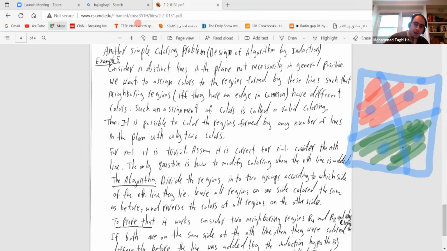This is the way. If you don't think this way, the problem might be very complicated. You will try to color these regions and it can be quite complicated. But if you see the right way, it is a very cute way of looking differently at the problem such that you can solve it.